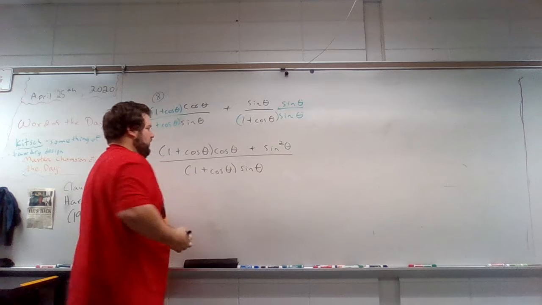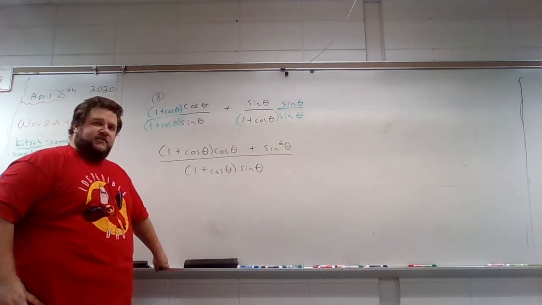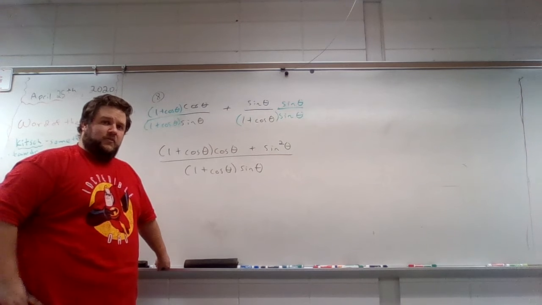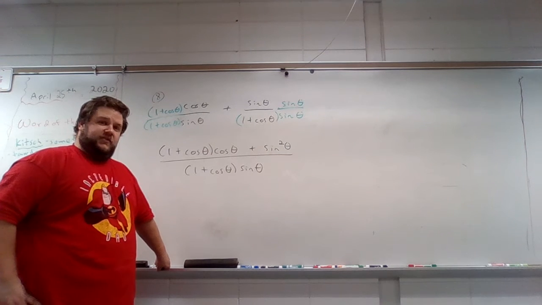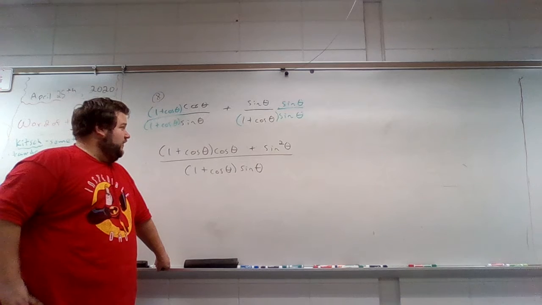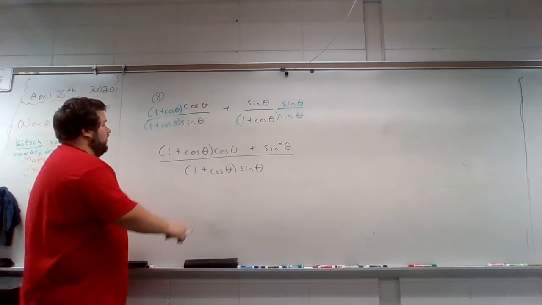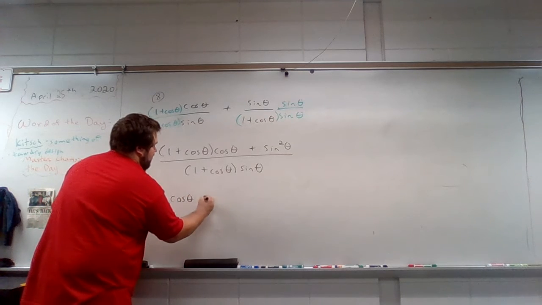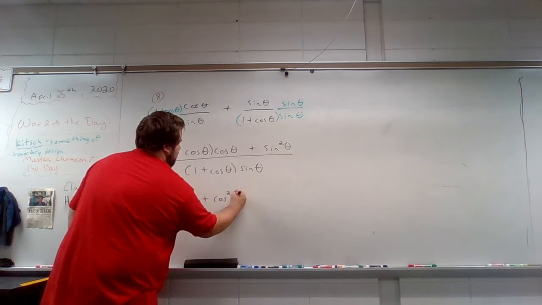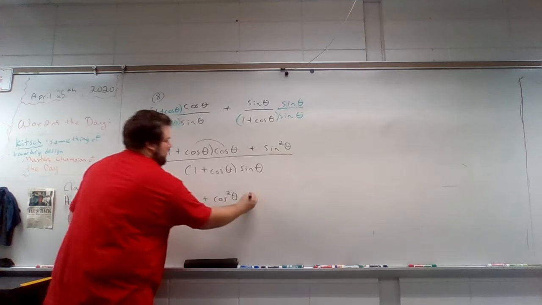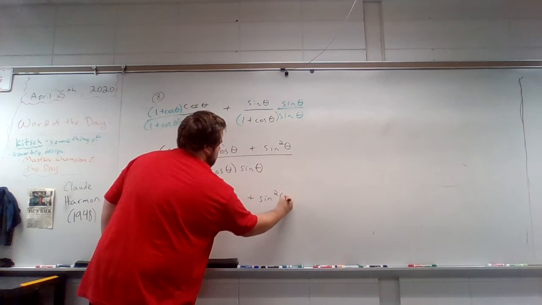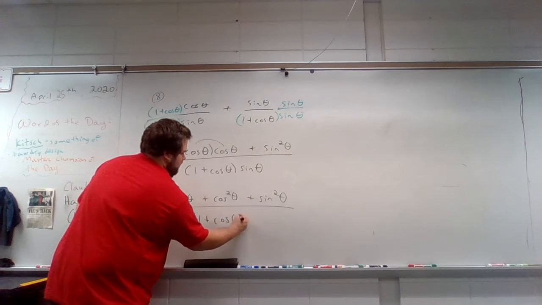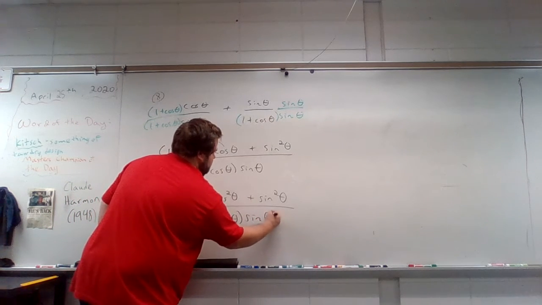Now, what you can't do is cancel. Some of you were improperly canceling terms. I need to simplify that numerator and then see if I can simplify anything, cancel out any factors. So what I have in the numerator is cosine plus cosine squared, if I distribute this guy, plus sine squared, over 1 plus cosine times sine.